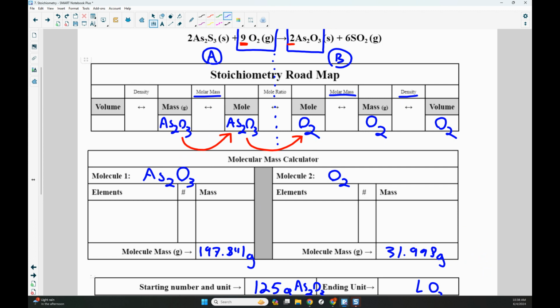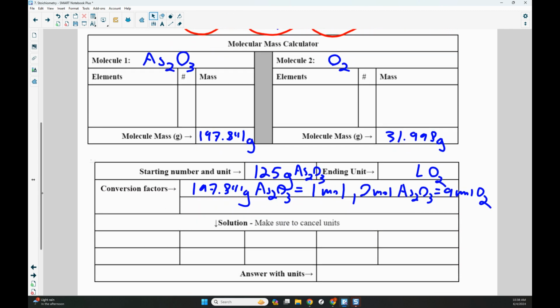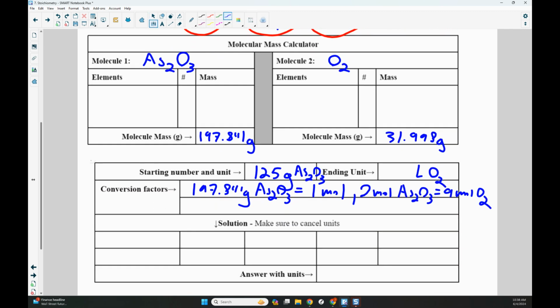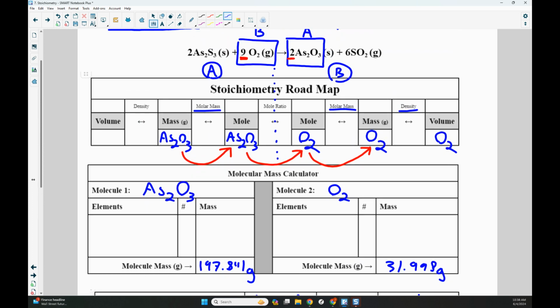Now I'm going to use the molar mass of O2 to convert to grams of O2. So the conversion factor I will use for that is 1 mole of O2 is equal to 31.998 grams of O2. And finally, from my roadmap, I'm going to convert from grams of O2 to volume in liters of O2.